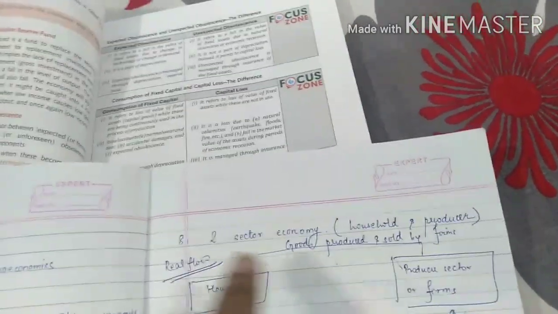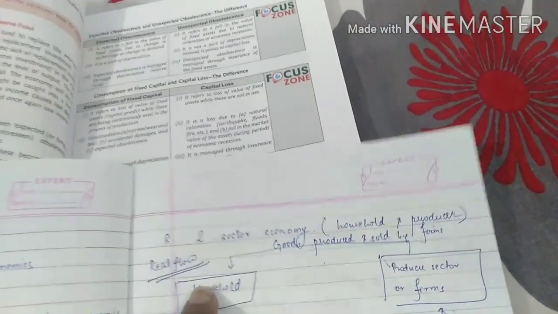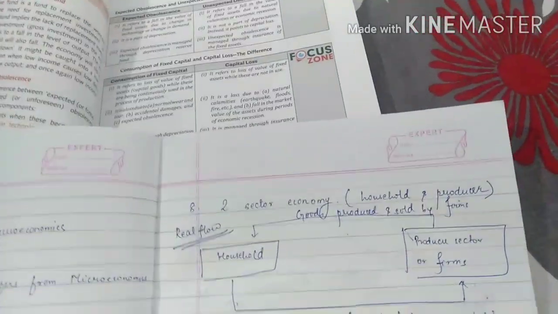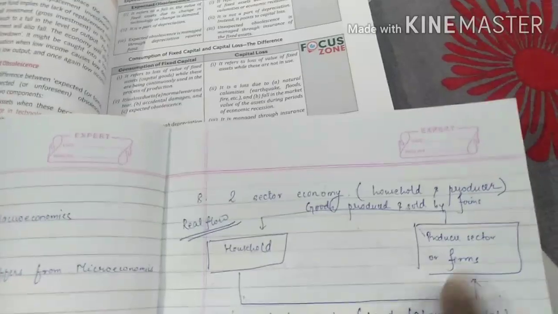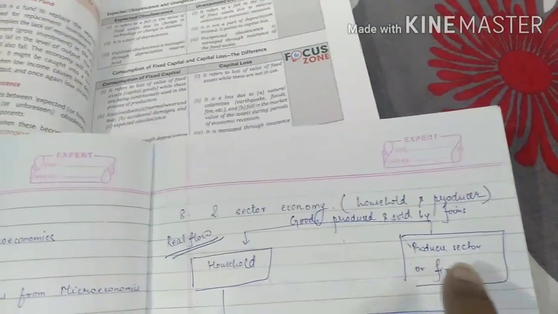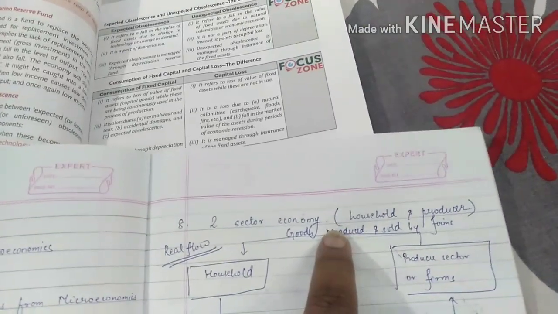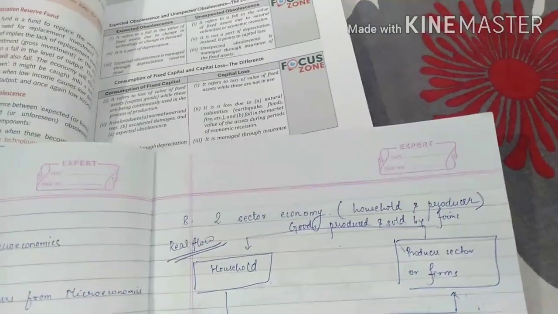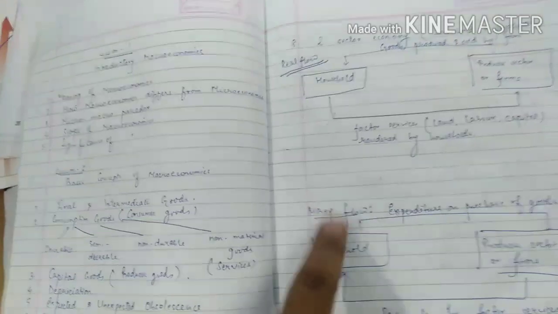So there is transfer of goods, and the households transfer their services to the producer for the production of the goods. The producer needs someone to produce their goods. This someone is called household, who gives services to the producers. This is the movement of goods and services, which is called real flow.